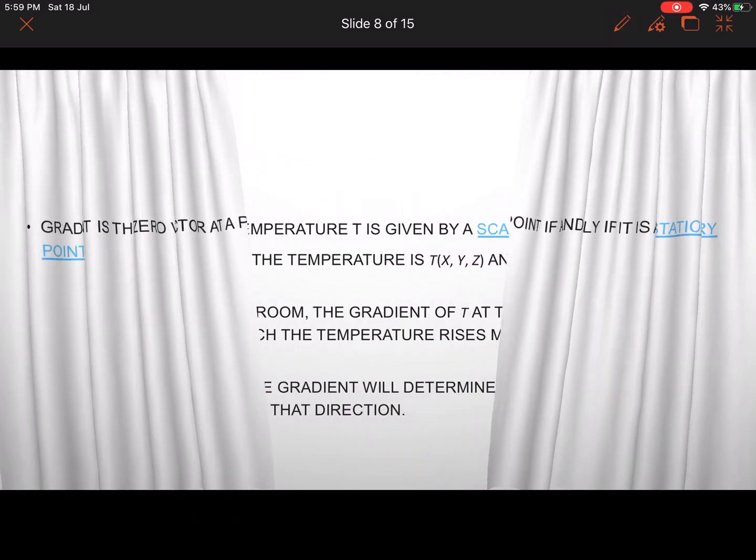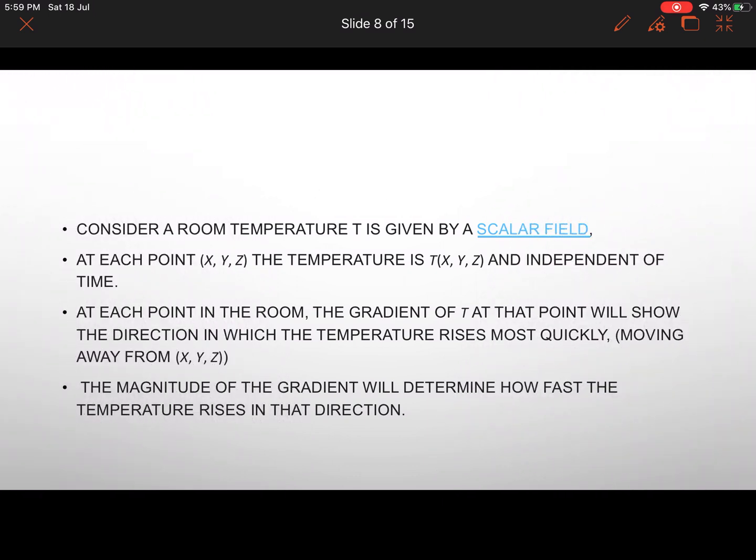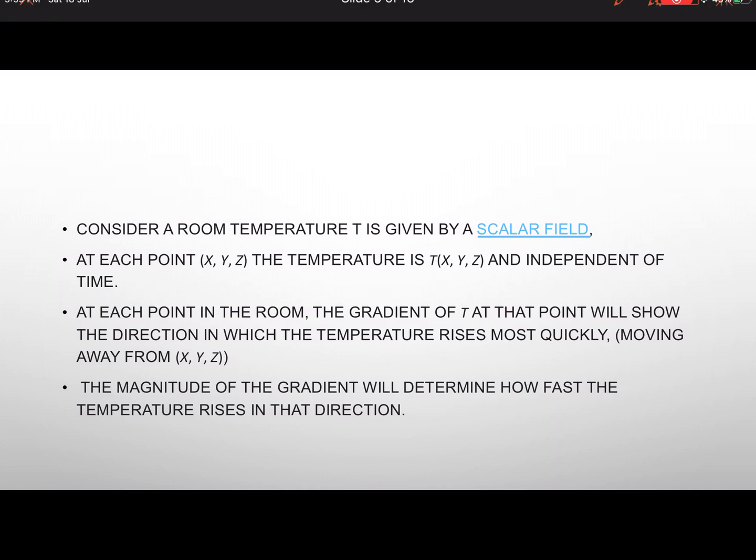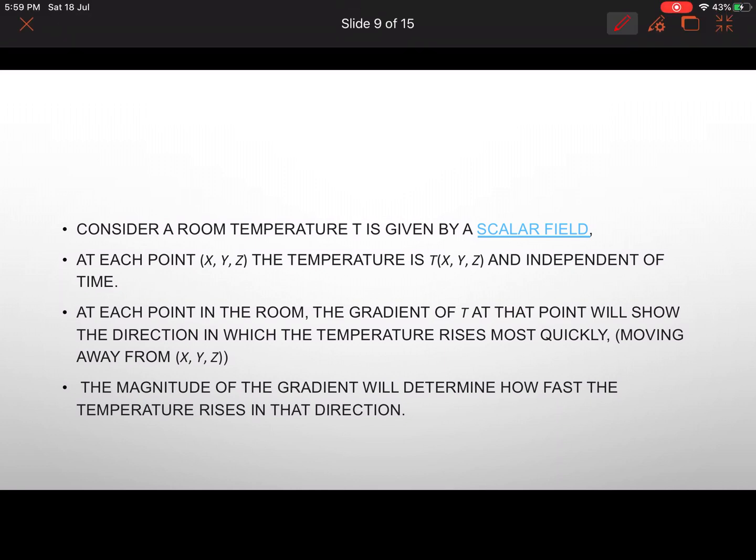As I told you, I will explain with a live example in physics. For example, in our first class we studied scalars and scalar fields. Temperature is a scalar quantity.